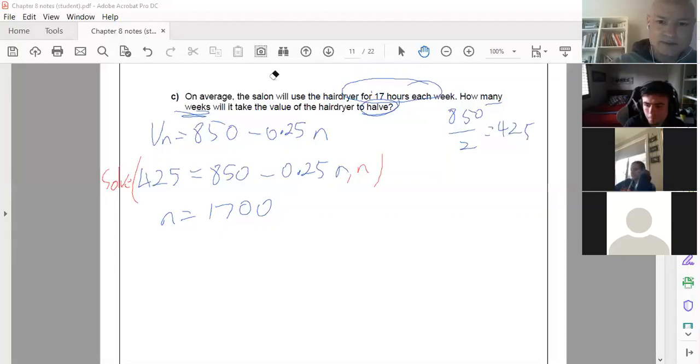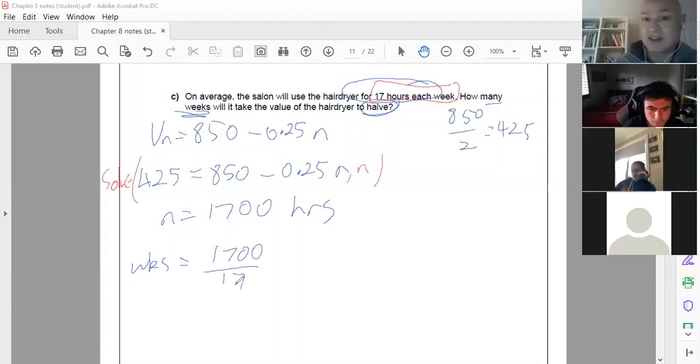That's hours. Okay, that's how many hours it takes, but that's not what the question says. The question says how many weeks will it take? Now we know that there are 17 hours that it's being used every week. So we're going to get all the hours, 1,700, and we're going to divide by 17 because it's 17 hours every week.